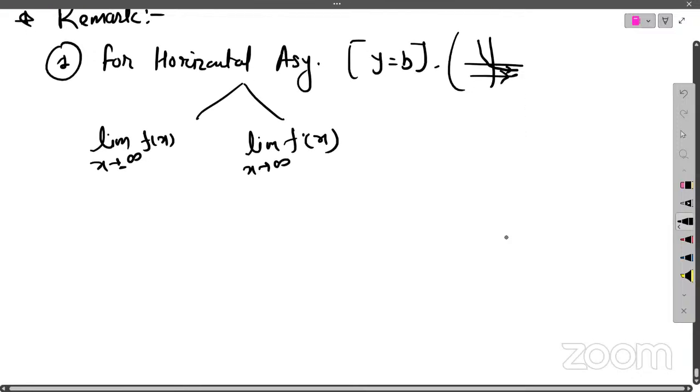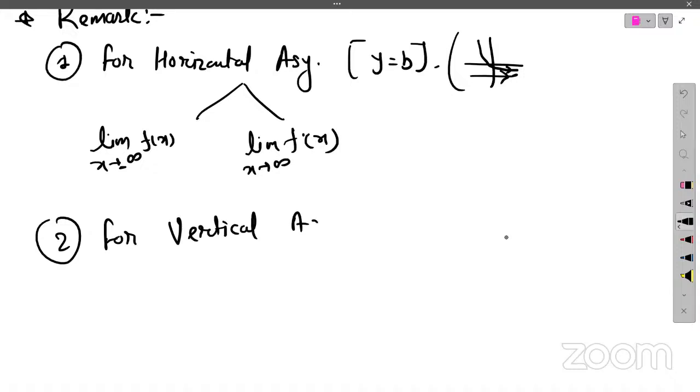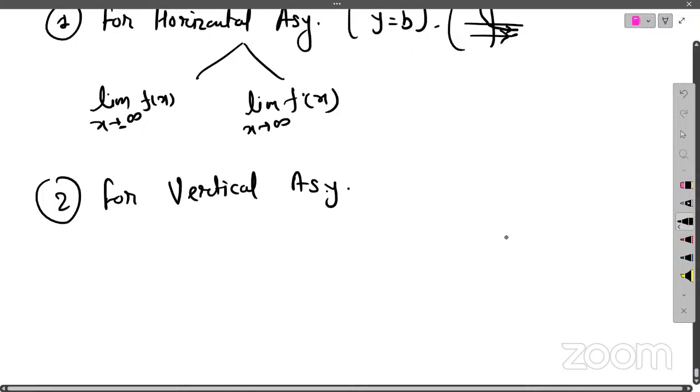But what happens if you have a vertical asymptote? For a vertical asymptote, you have to consider those values of x for which the function is growing to infinity.